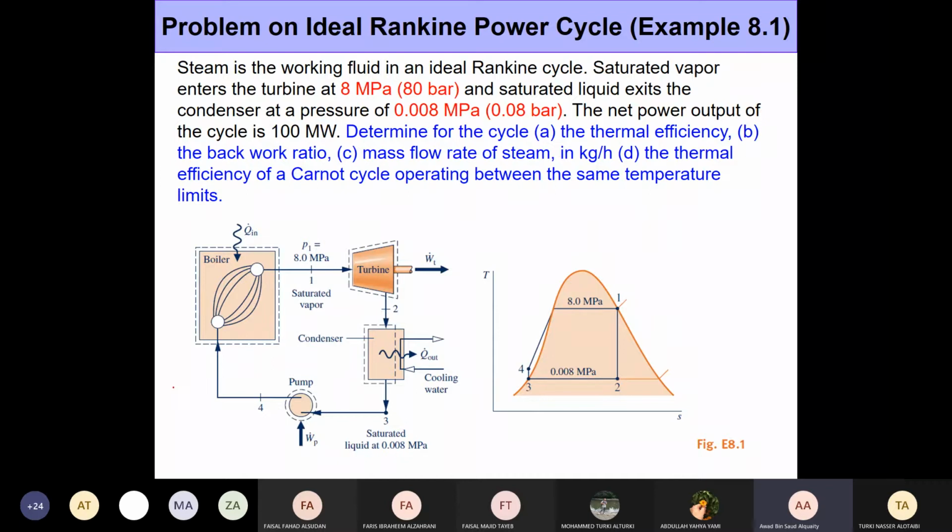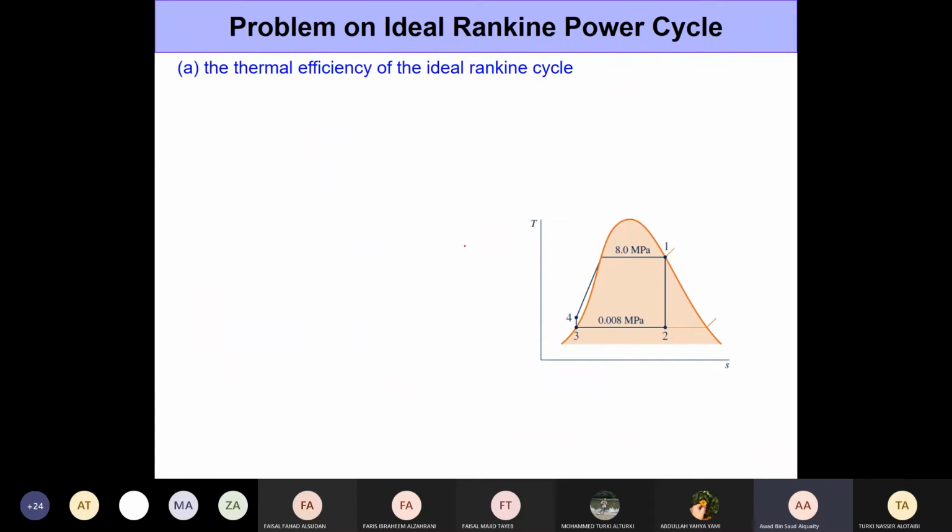Coming back to this problem, let's start with part A. We need to determine the thermal efficiency. Thermal efficiency is the work output of the turbine minus the work input for the pump, divided by the heat input.